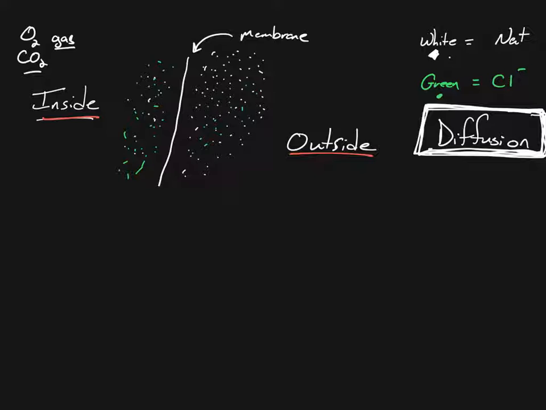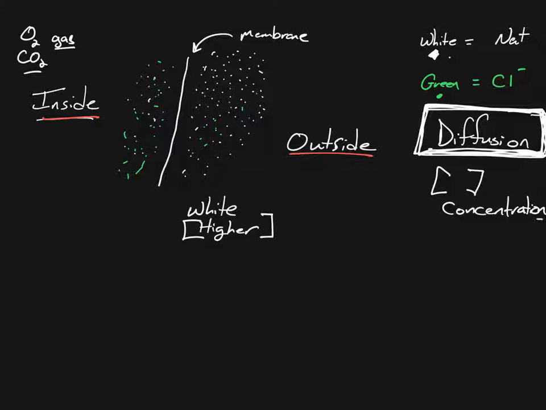So let's again talk about this. Where is the white highest concentration? Outside. So white has a higher concentration outside. And I'm going to put brackets, and brackets mean concentration. You're going to have to know that in chemistry, and I'm going to use it here a lot.